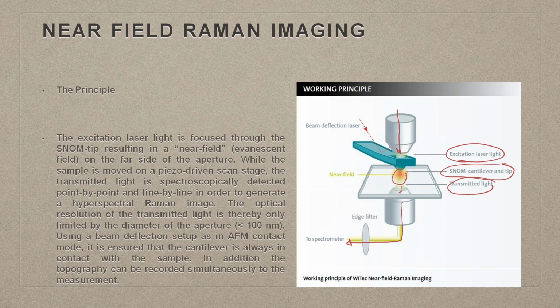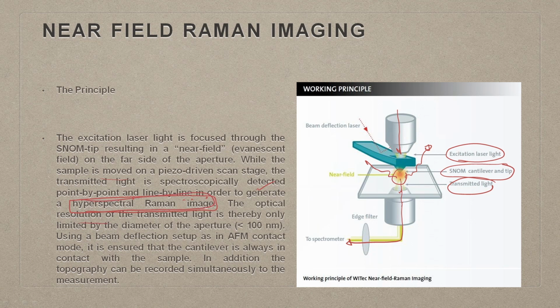So, previously we talked about the scattered light, right? In the previous example. Now we are talking about the transmitted light, which is directly passing through it. The excitation laser light is focused through the SNOM tip, resulting in a near field, evanescent field on the far side of the aperture. While the sample is moved by a piezo-driven scan stage, the transmitted light is spectroscopically detected point by point and line by line in order to generate a hyperspectral Raman image.